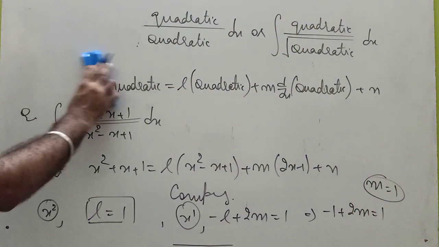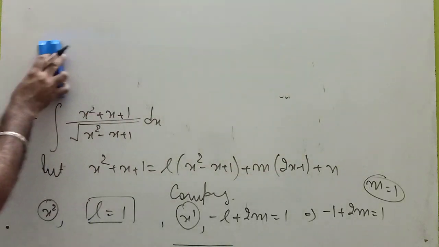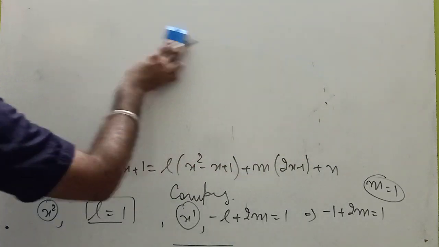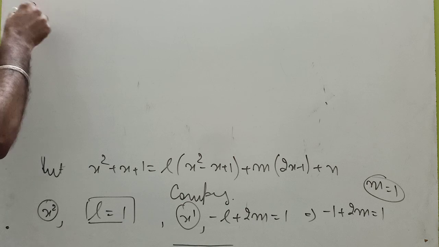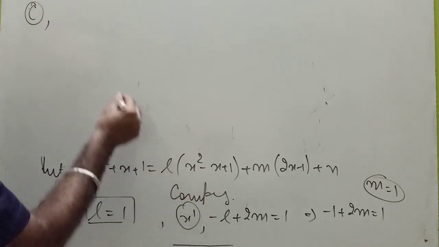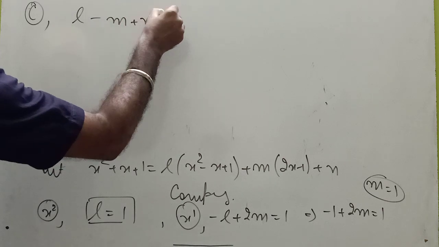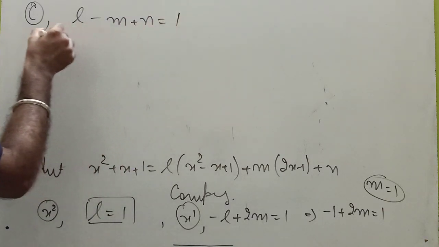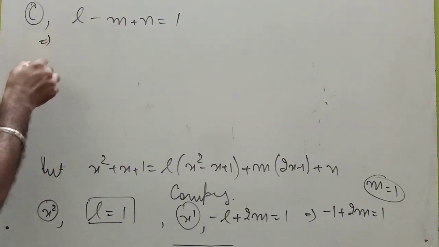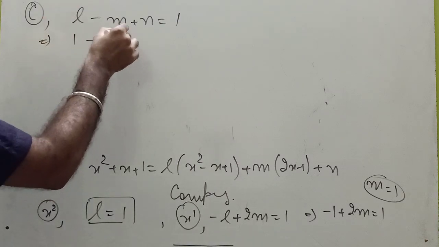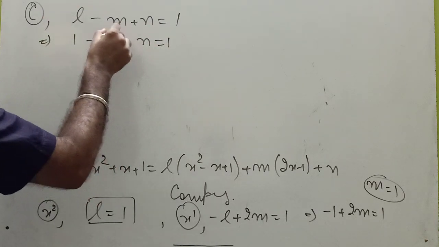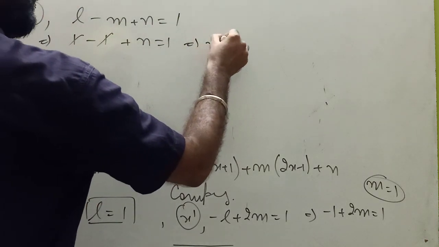And comparing the constant terms. Constant terms are L minus m plus n, and left hand side constant term is 1. Put the value of L, L is 1, m is also 1, plus n. You can see that n is also 1.